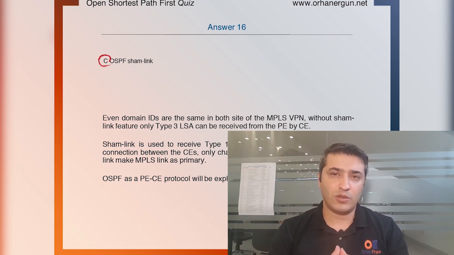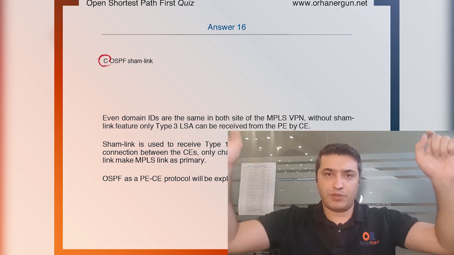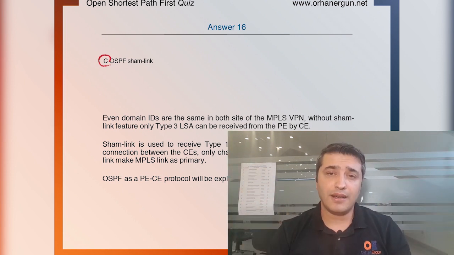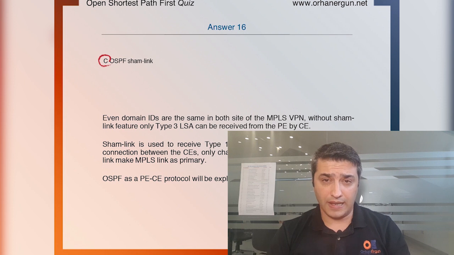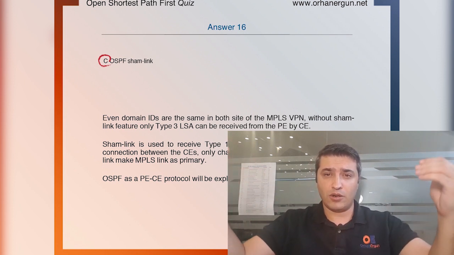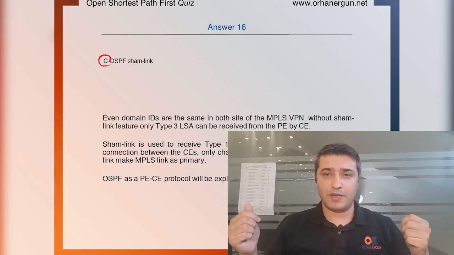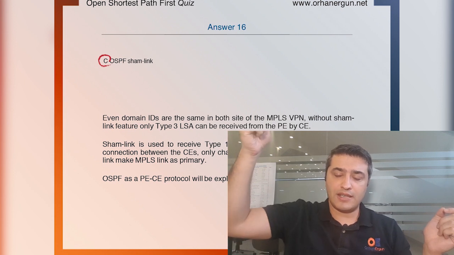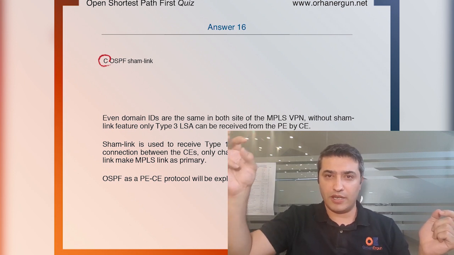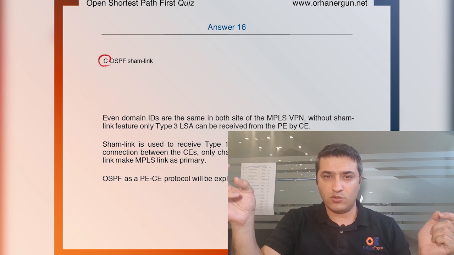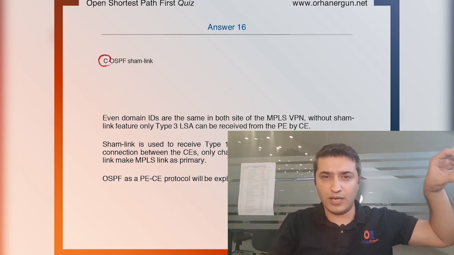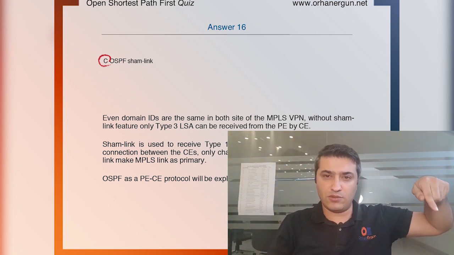I will not go into all the details, but with sham link, prefixes from the PE side can come as type 1 LSA. So CE can learn the prefixes from the MPLS network. Let's say CE2 is advertising to the MPLS VPN side, then via multi-protocol BGP, PE2 is advertising to PE1, and PE1 is advertising to CE1.